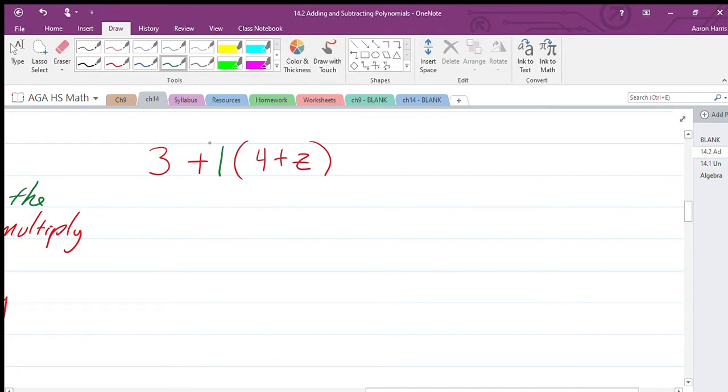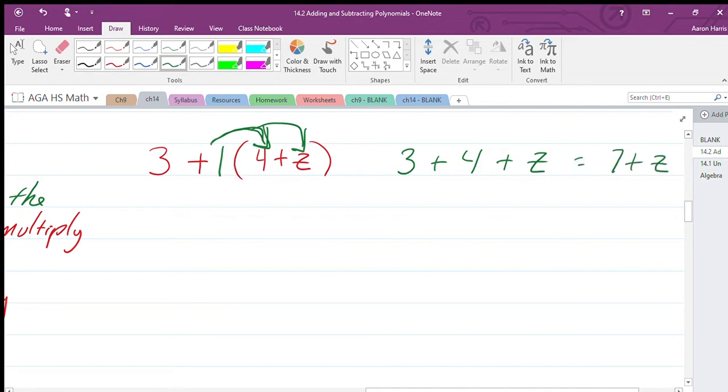So we can distribute this positive 1 into the parentheses. Now, you're probably looking like, okay, you're overkilling it, but I'm really not, because it's going to become important when that sign changes. So this really means 3 plus 1 times 4, which is 4, and 1 times z, which is just z. So you get the expression 7 plus z.